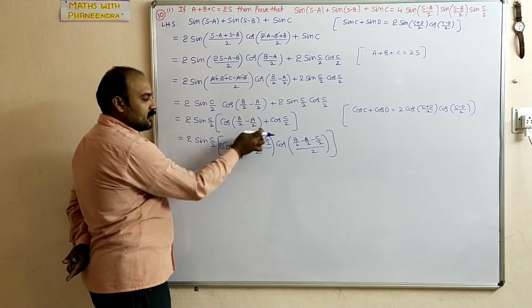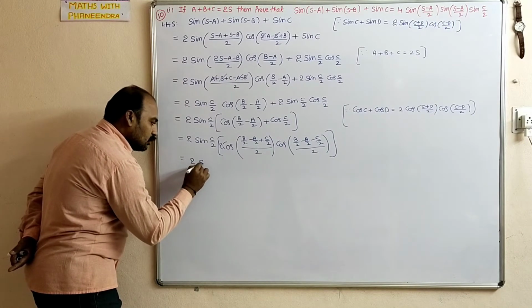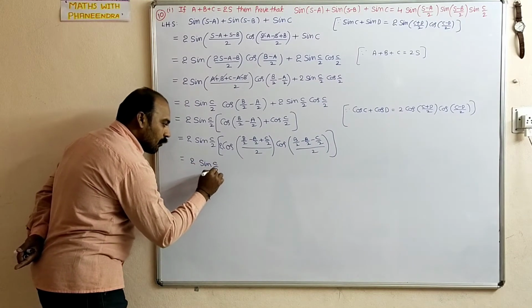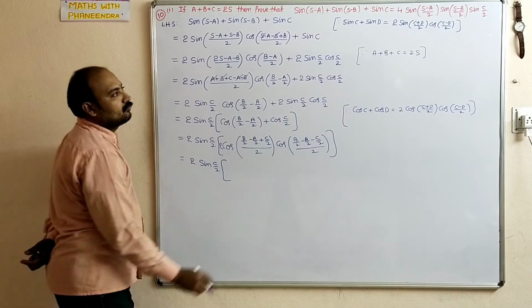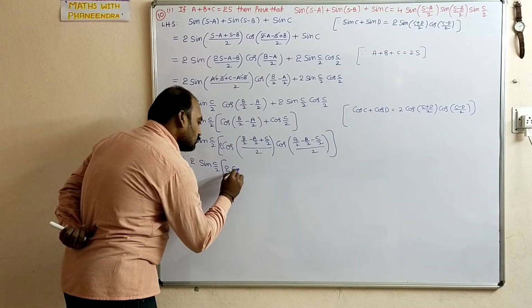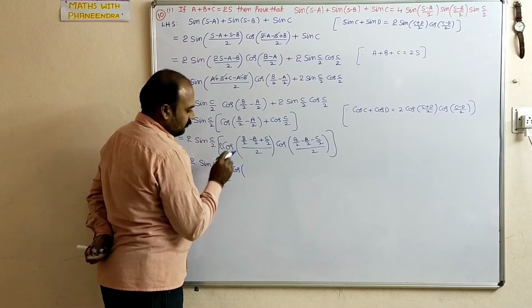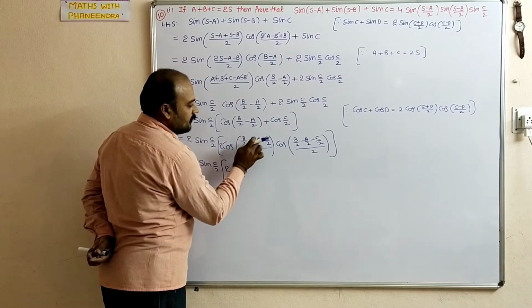Now simplification: 2 sin c by 2, 2 into cos of b by 2 minus a by 2 plus c by 2.